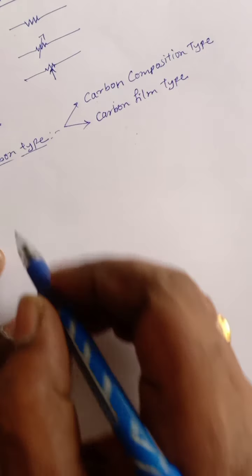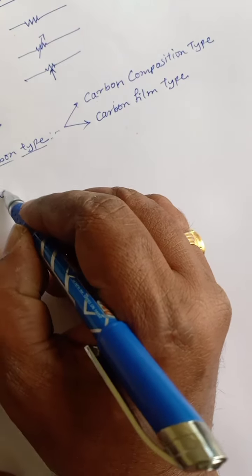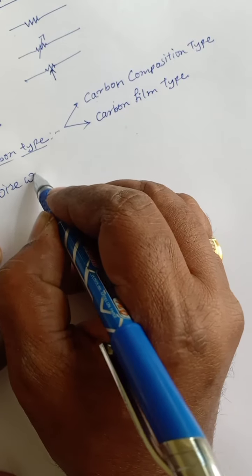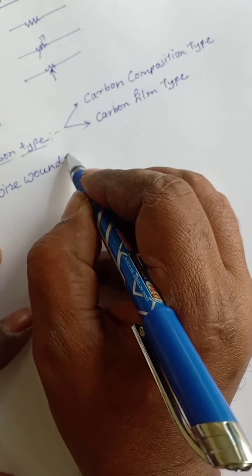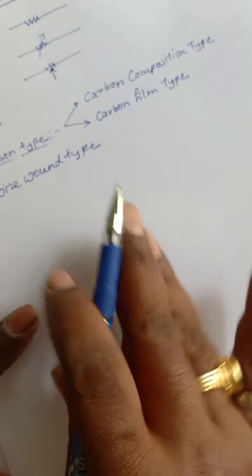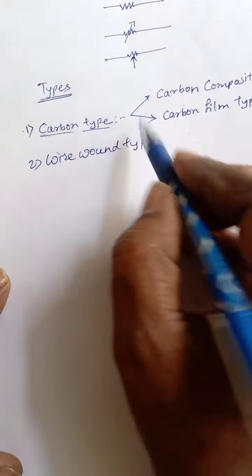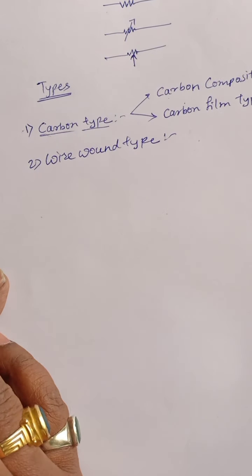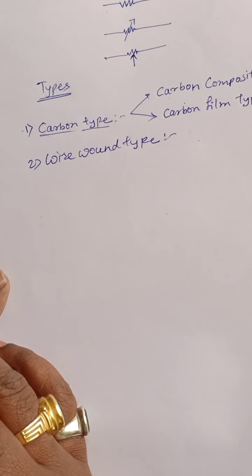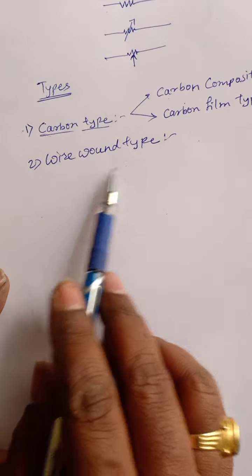The next one is the wire wound type resistor. Every material has some internal resistance.